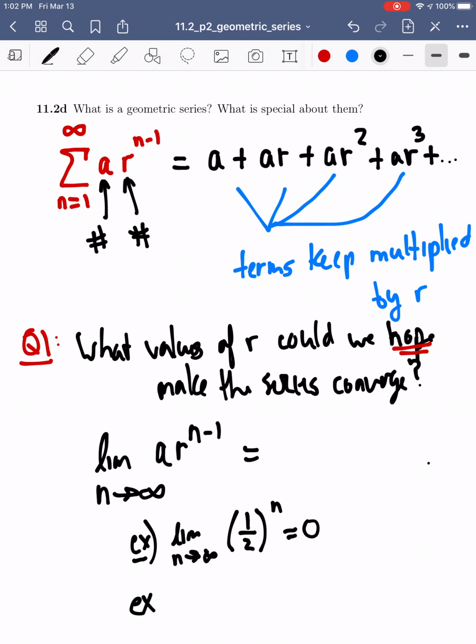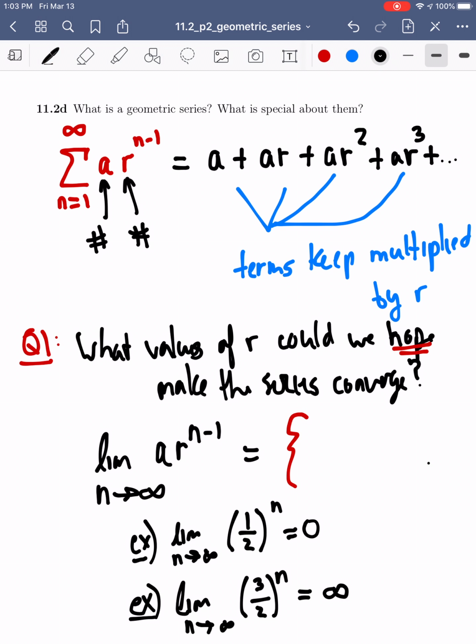Now, if we have any other number, where say r is something greater than 1 in absolute value, say we have something like 3/2. If we raise this to the power n and take the limit as n goes to infinity, this equals infinity. So what we actually realize is for this geometric series, we have two different cases.